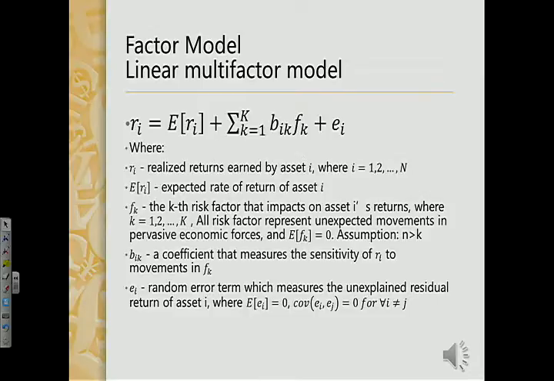Fk is the risk factors. It is used to describe the unexpected movement in the system. Its expectation is zero. Bik is a sensitivity coefficient. Ei is a random error term. Random error for each asset is uncorrelated, and their expectation is zero.